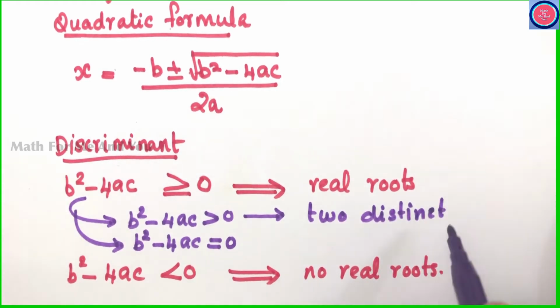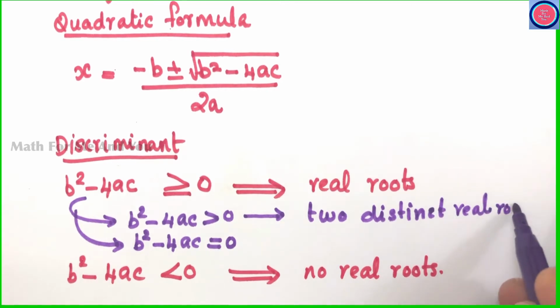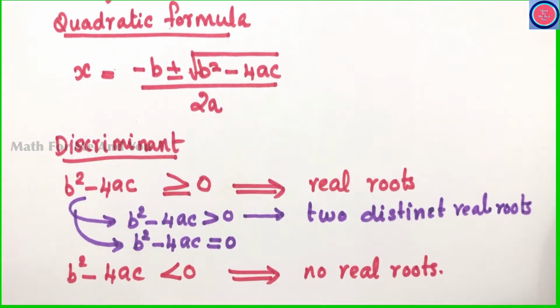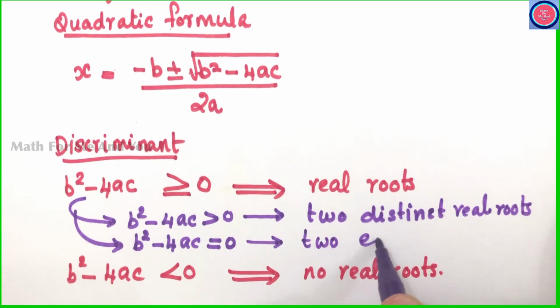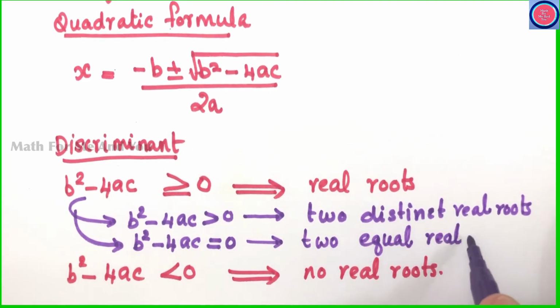We get real roots, but those real roots will be different, distinct. The second condition, if b square minus 4ac is equal to 0, that time also we get real roots, but the real roots are equal. So we get two equal real roots. If we get the discriminant of a quadratic equation, we can say what is the nature of its roots.